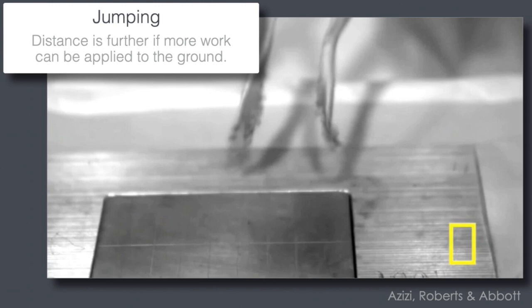So you can essentially think of the amount of work done on the ground as being beneficial for the kinetic energy that you leave the ground with. So more work, good, if you're a jumping organism.